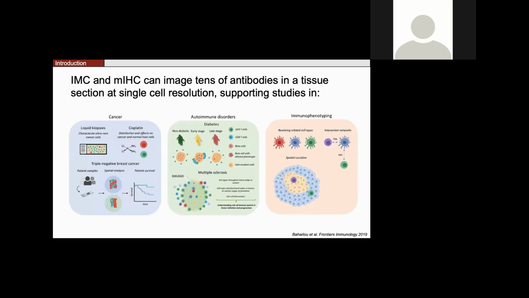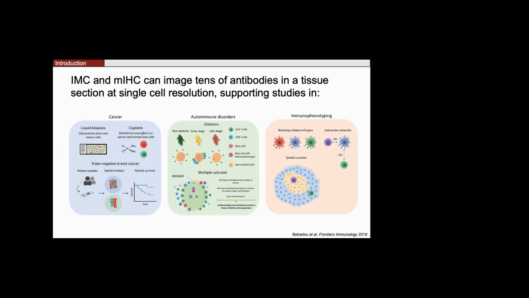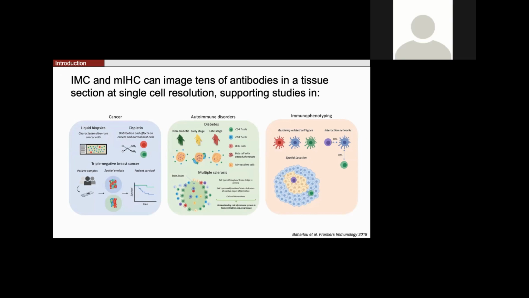Because this is a spatial omics group, I know that most people are probably familiar with the technologies imaging mass cytometry and multiplexed immunohistochemistry, which are both technologies that can image a panel of antibodies in a tissue section at single cell resolution, which is especially useful for studies that look at the tissue architecture and cell-to-cell interactions in the microenvironments of cancer or in patients with diabetes.